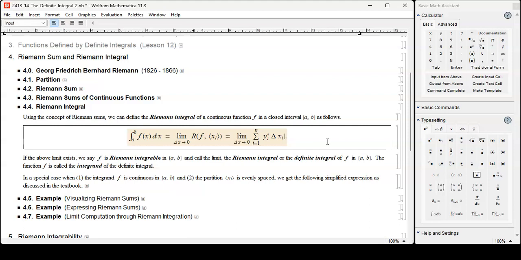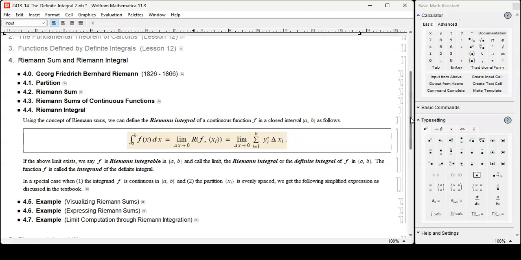The worst possible case, biggest, versus the worst possible case, the smallest, and even those merge together into the same value so that everything goes to the same value. If that happens, then the limit exists for all Riemann sums, and consequently this quantity is well defined.